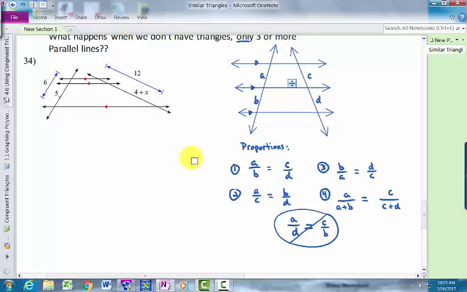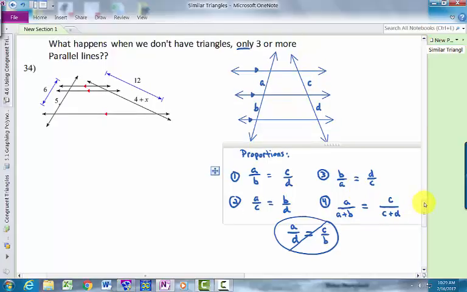A third one that you can do is B over A equals D over C, which, if you look at number 3, is just the reciprocal or the reverse of number 1. I just flip-flop them. Instead of A over B, I flip that. Instead of C over D, I flip that, which gives you number 3. Now the fourth one is a little bit tricky.